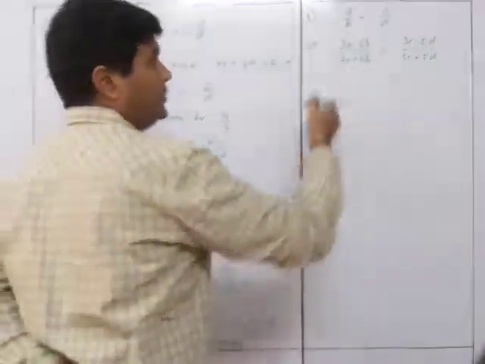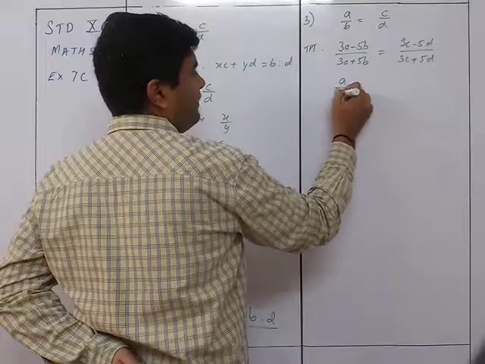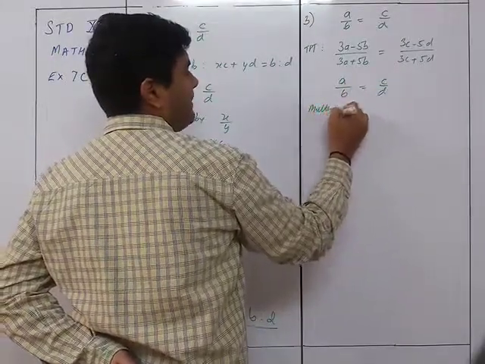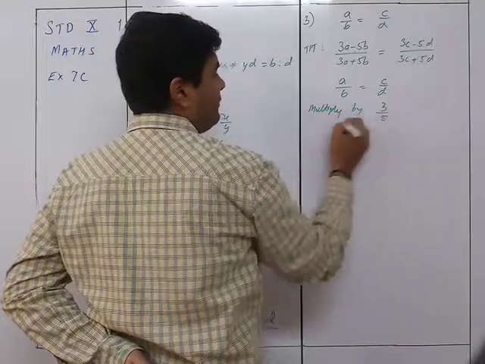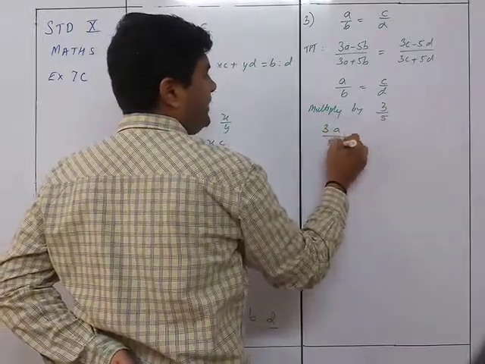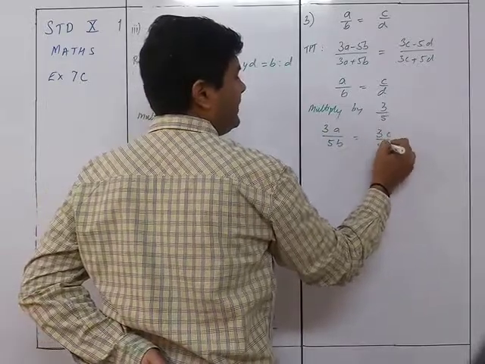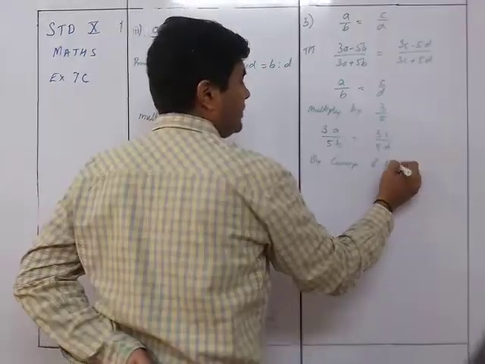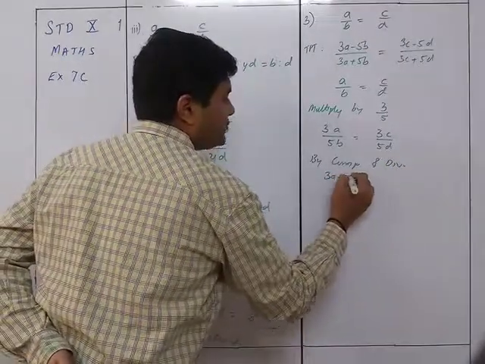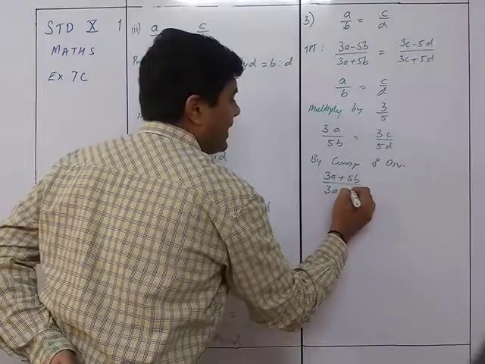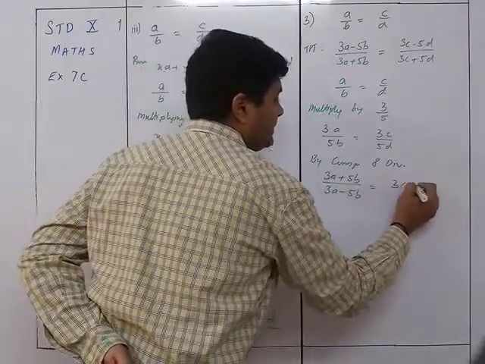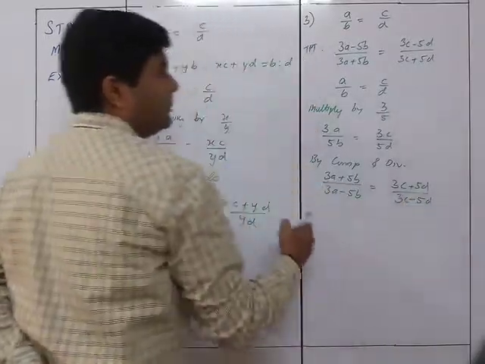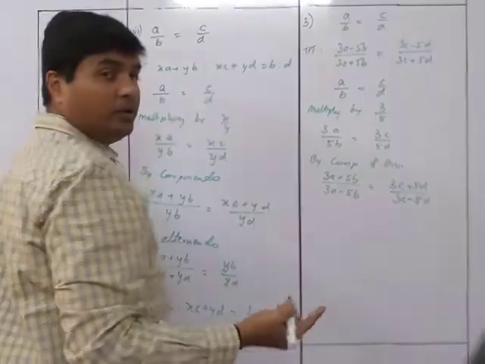We'll do the same thing again. So we'll have A upon B is equals to C upon D multiply by 3 upon 5. We get 3A upon 5B is equals to 3C upon 5D. Now by componendo and dividendo, we get 3A plus 5B upon 3A minus 5B is equals to 3C plus 5D upon 3C minus 5D. But we wanted something ulta of this, so what will I use?